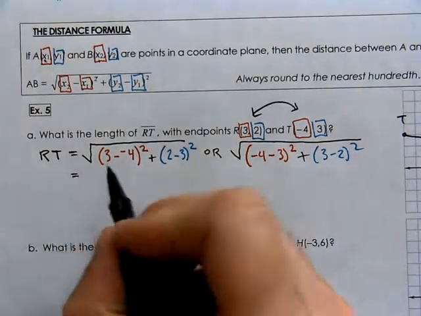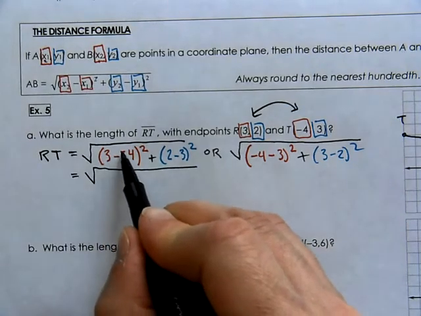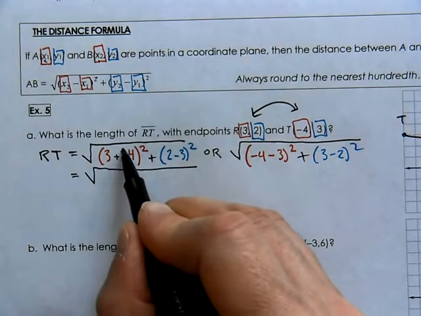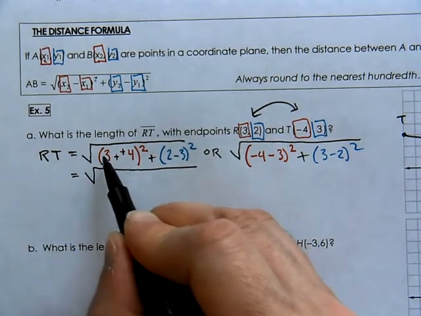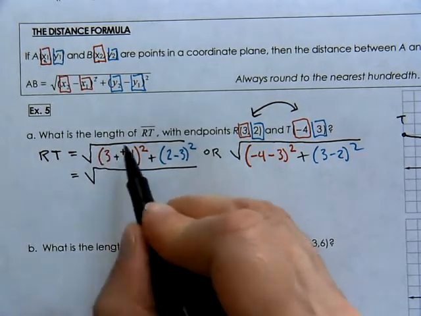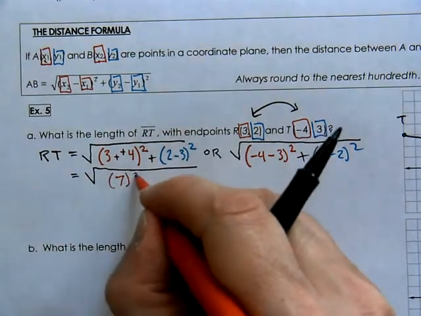So continuing with my original setup here, remember when you're subtracting a negative, that turns into adding a positive, so 3 minus negative 4 is 3 plus positive 4. That will give us a result of 7 that we'll have to square.